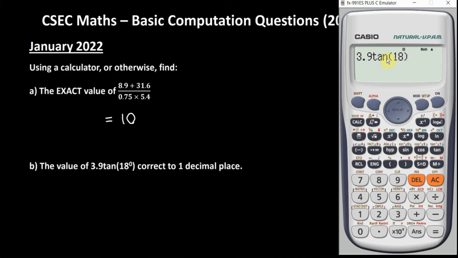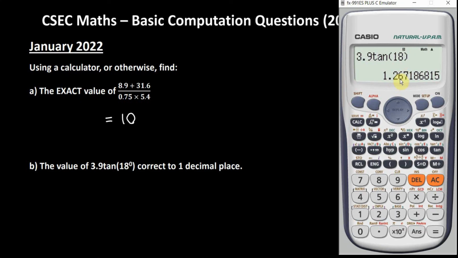So once we tap on the tangent option, the calculator knows that we're talking about an angle right there, so it automatically reads it as degrees. So go ahead and press the equal sign, and again they want us to represent this correct to 1 decimal place. So we only want 1 digit to the right of the decimal point. So we want to stop at where the 2 is at right here.